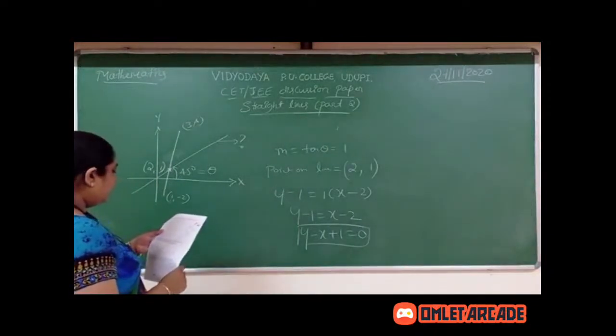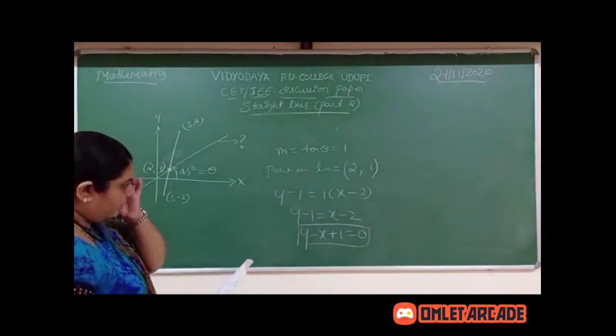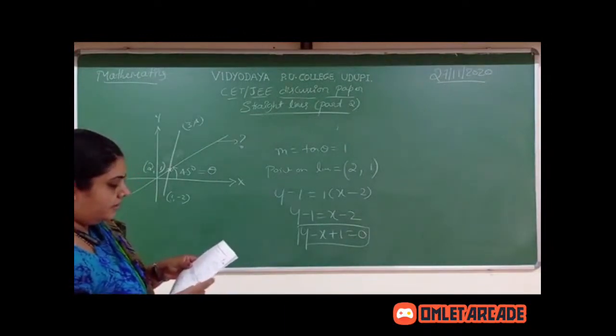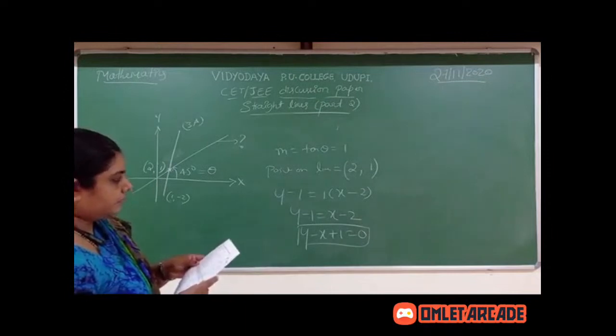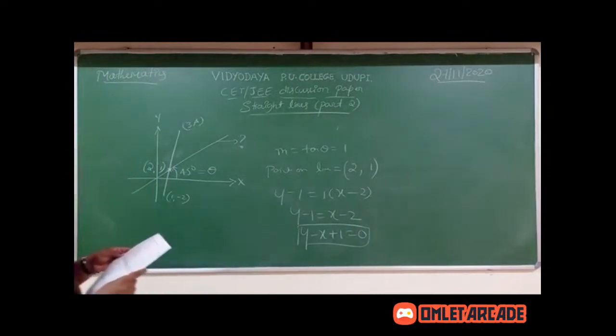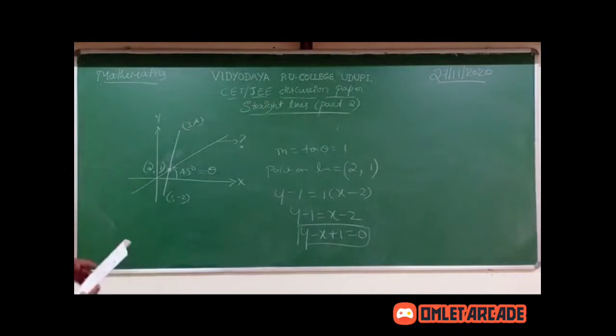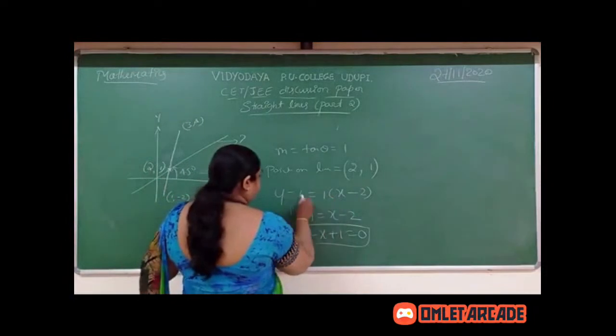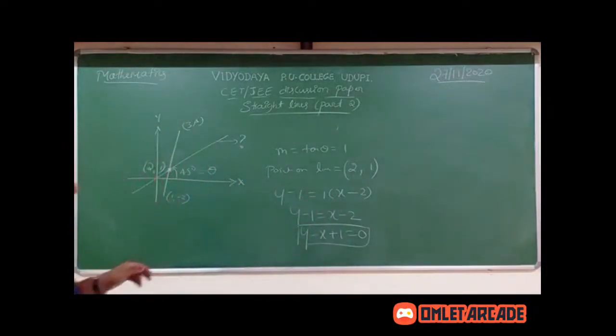Option number, anything went wrong here, students? The midpoint is (2, 1), that is right, slope is 1, y minus 1 into 1. So, isn't it x minus 2?